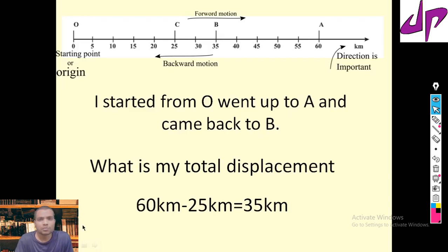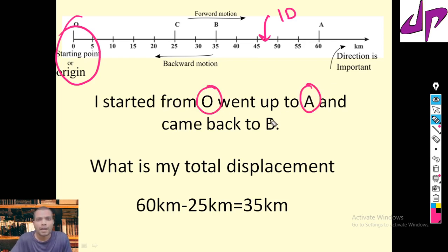So let us take one small example. In this case, again one dimensional. Here O is the origin point and A, B, C are the different locations. Now the question is, I started from O, went up to A and came back up to B. Same as the earlier case.